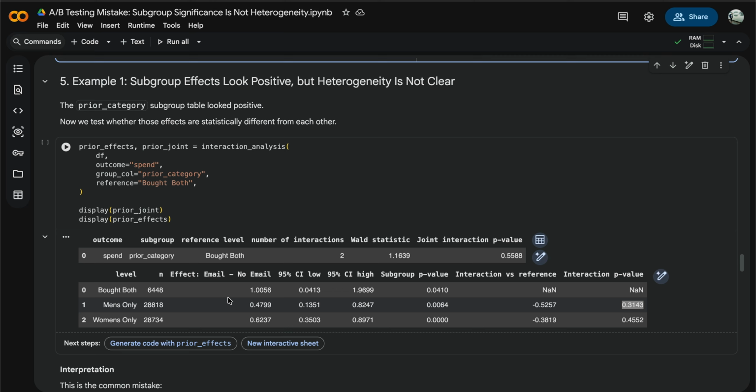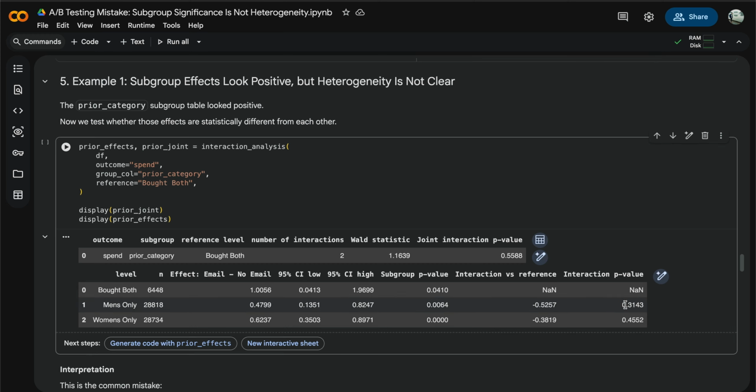In the prior category example, the subgroup effect looks positive. But when we run the joint interaction test, the p-value right here does not provide strong evidence that these subgroup effects are truly different from each other.